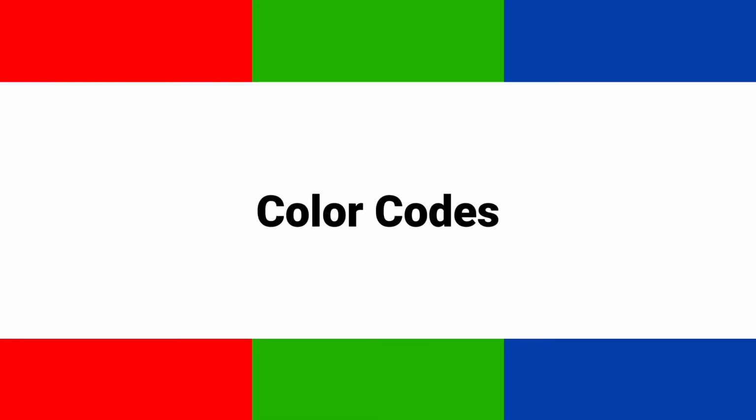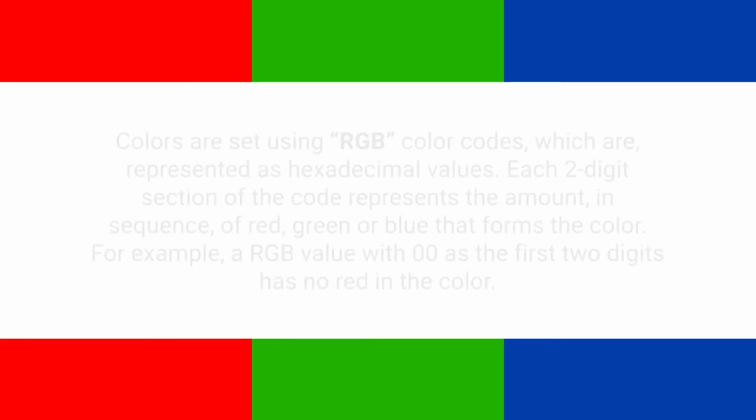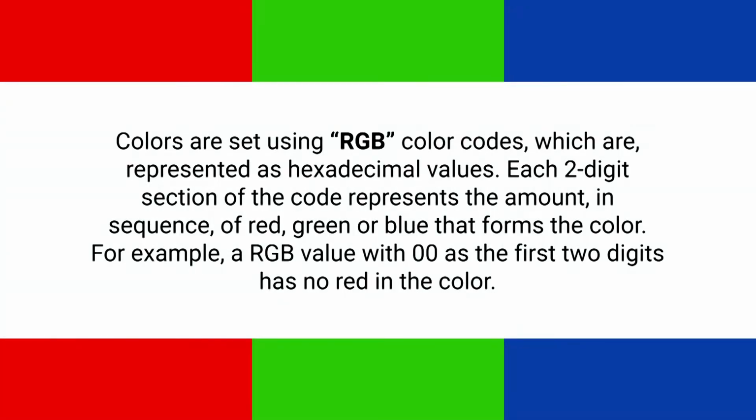Now we will look at quick color properties. What are colors, and why do we use them? Because they give more attraction when you design the web page. Colors use RGB color codes, which are represented as hexadecimal values. Each 2-digit section of the code represents the amount, in sequence, of red, green and blue that forms the color.